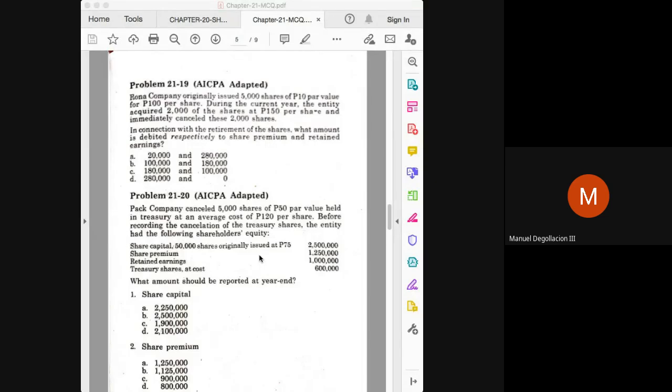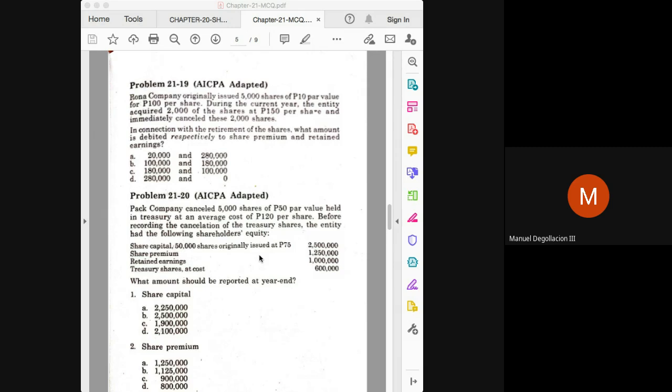So 2,000 times 10 par value, we will have a debit to share capital in the amount of 20,000. Since they were issued at 100, there was an excess over par of 90. 90 times 2,000, you would get 180,000.